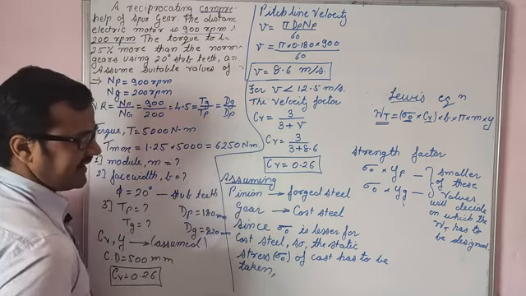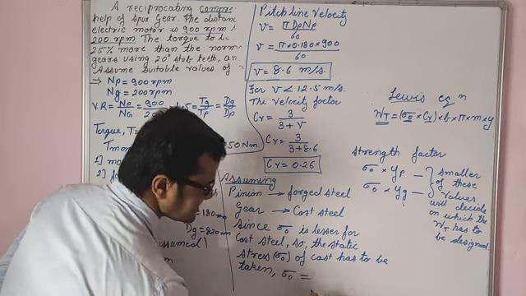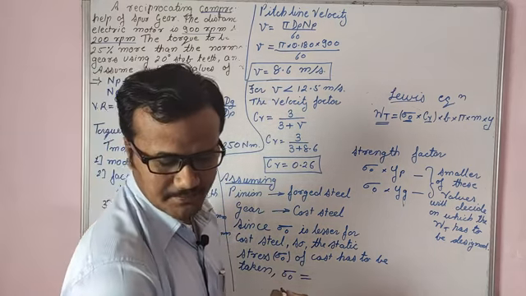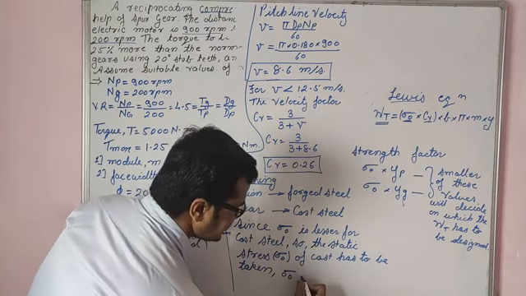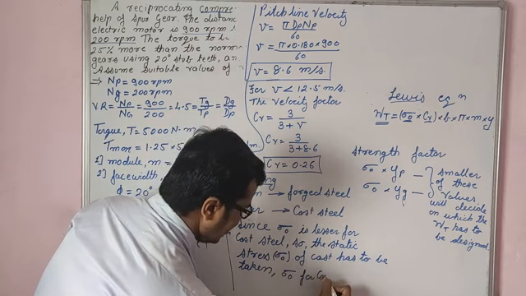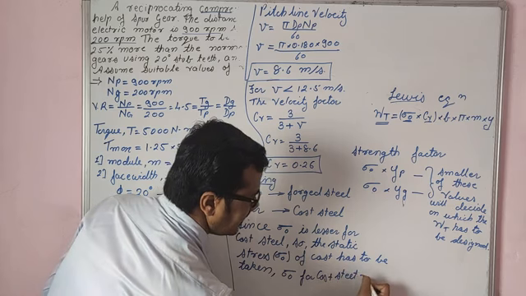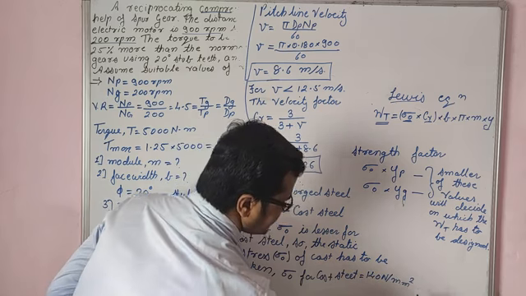And from the design data book we get the static stress for cast steel is equal to 140 Newton per mm square, right? Static stress sigma 0 for cast steel equals 140 Newton per mm square, right?